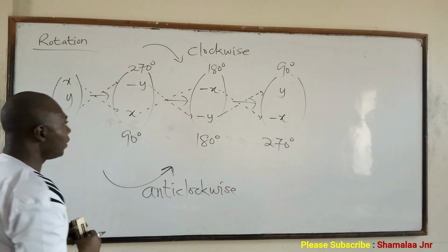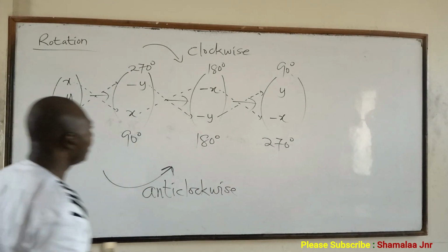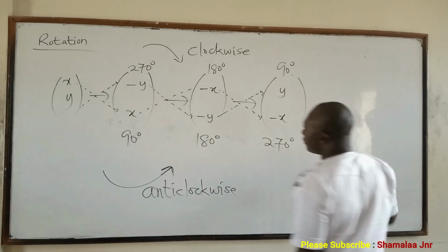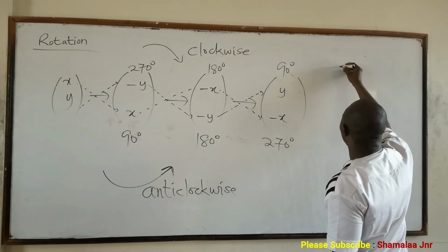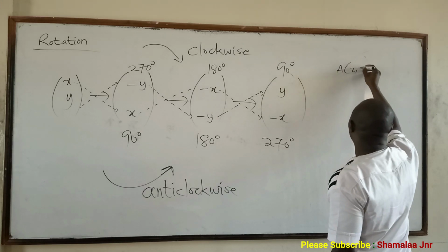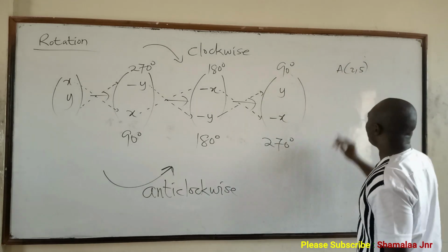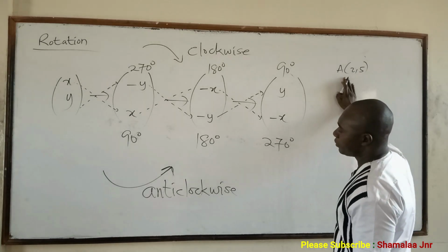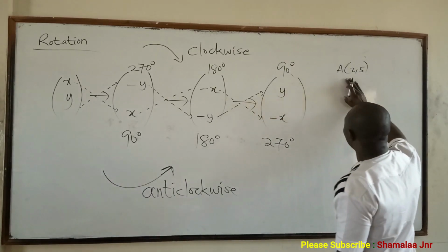Are you seeing it? So, viewers, let's look at examples. Let's assume that we have the point A(2, 5), and we want to find the image.